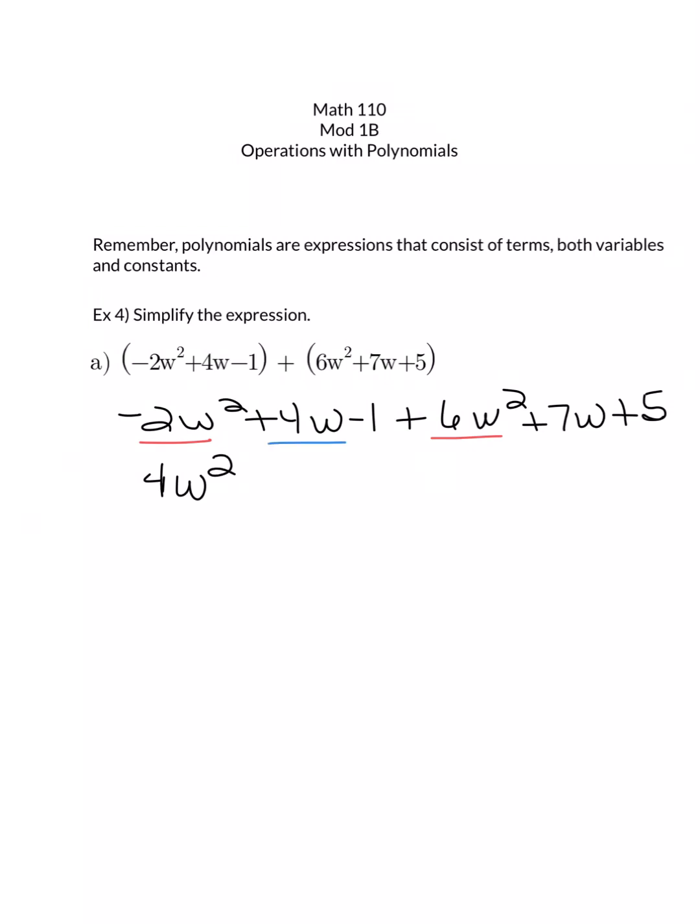We have a positive 4w and a positive 7w. Adding those, we're going to get plus 11w. And then for constants, or plain numbers, we have negative 1 and plus 5. Negative 1 plus 5 gives me plus 4. This is now the simplified version of the original expression.